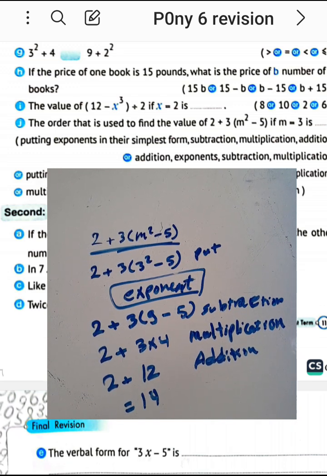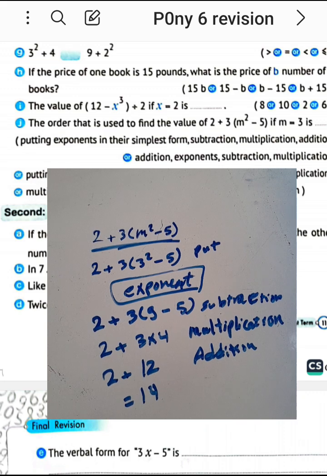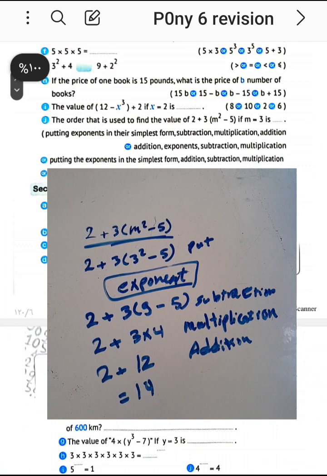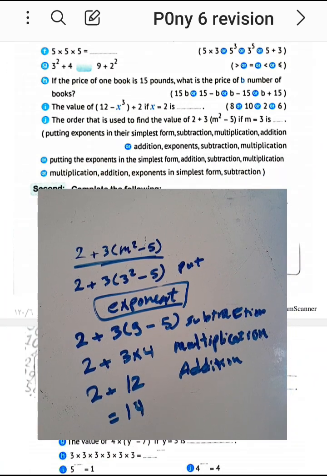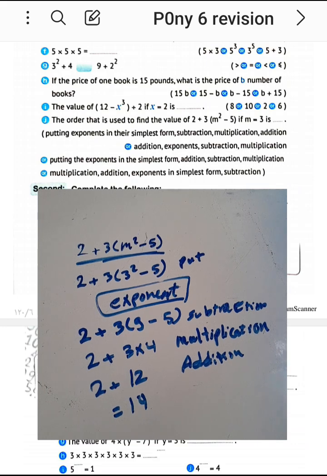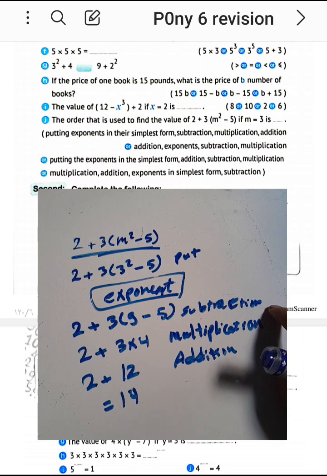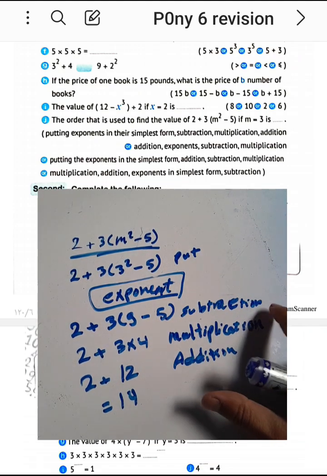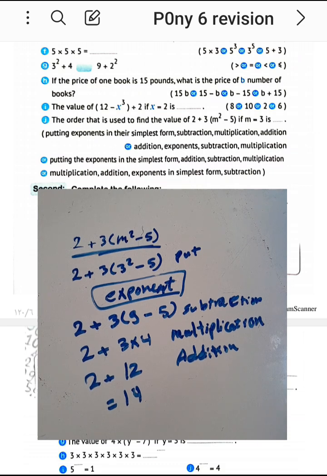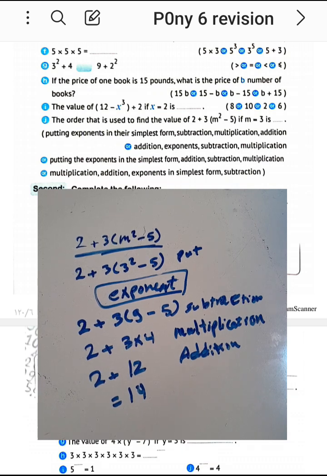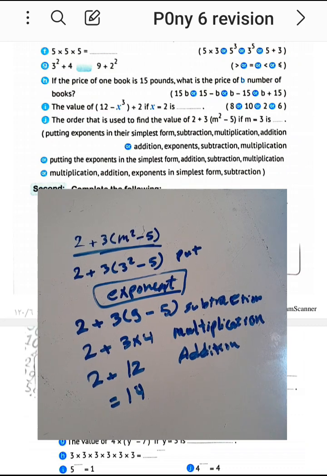Understood? We must choose what? Look at all the solutions here. Put exponent in the simplest form, then subtraction, multiplication, addition.